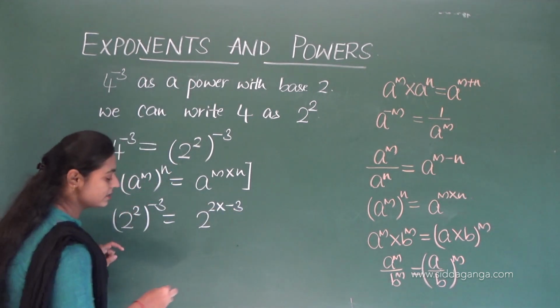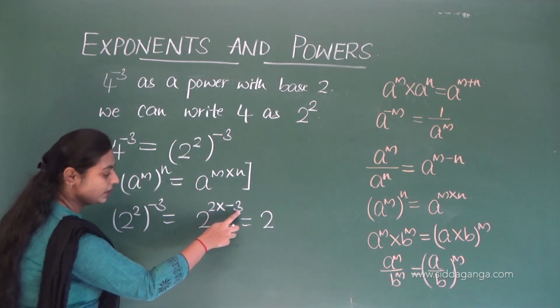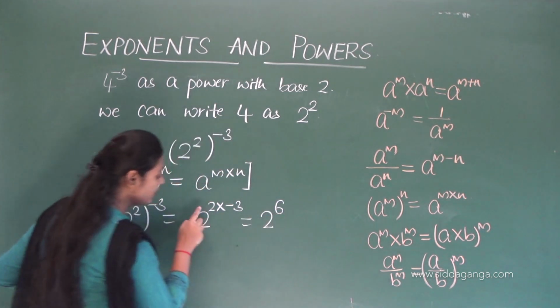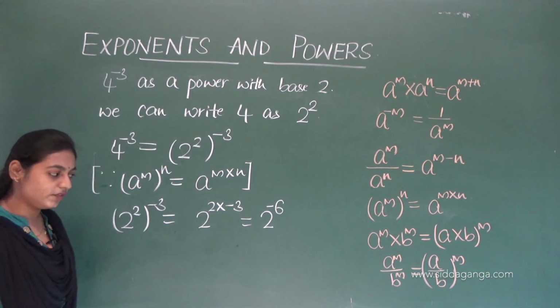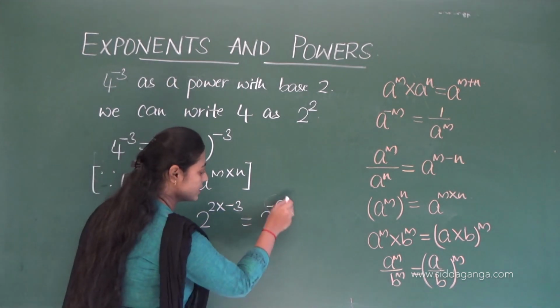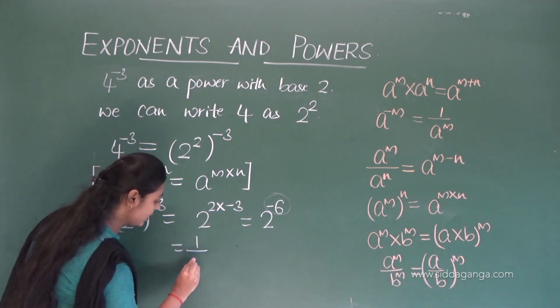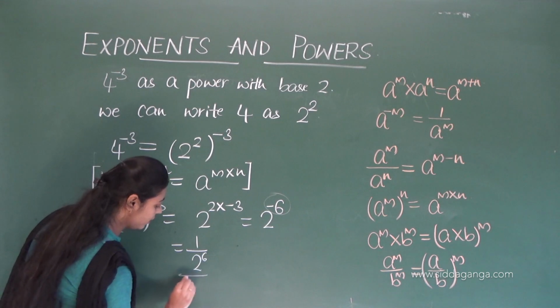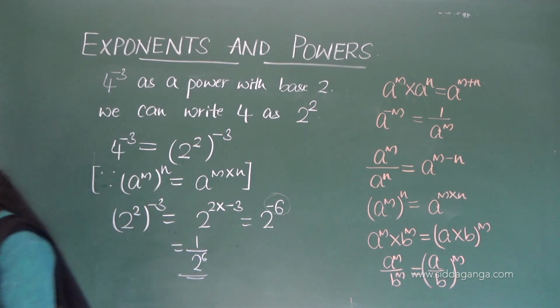That is 2 to the power of 2 into 3 is 6, plus into minus is minus, 2 raised to the power of -6. Since the exponent is negative, you can write it as 1 divided by 2 to the power of 6. So 1 by 2 power 6.